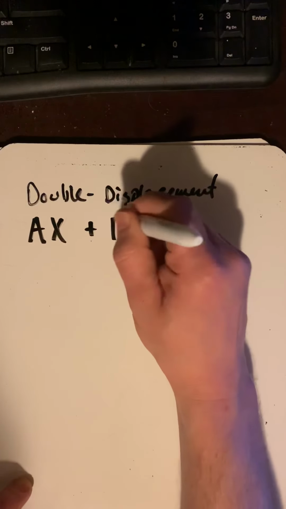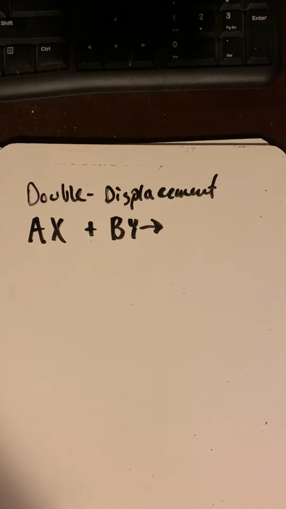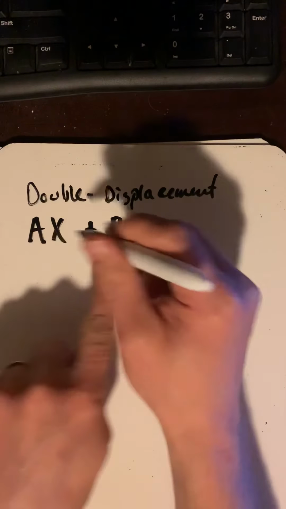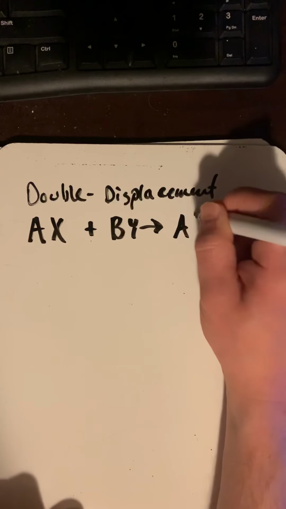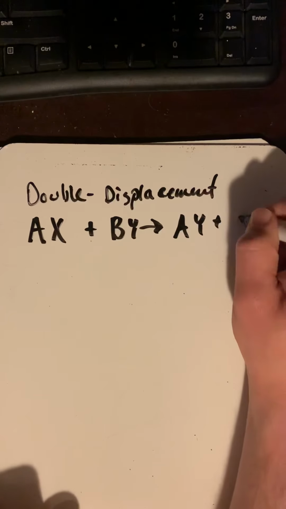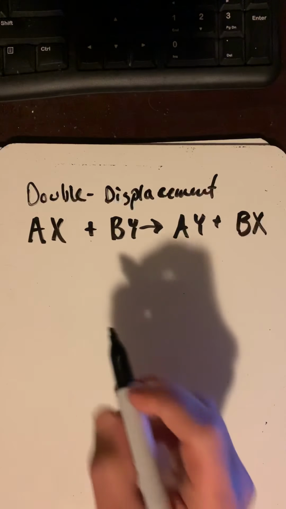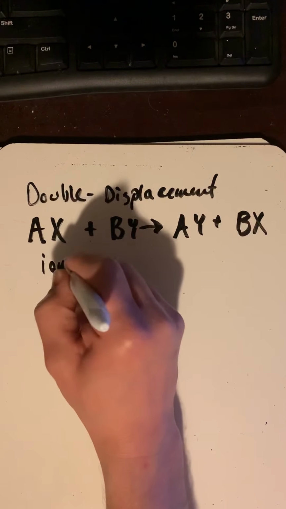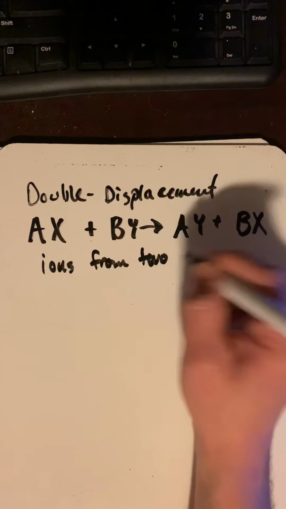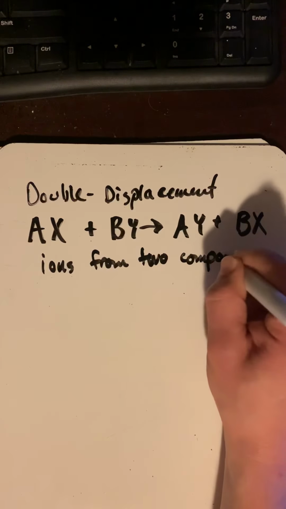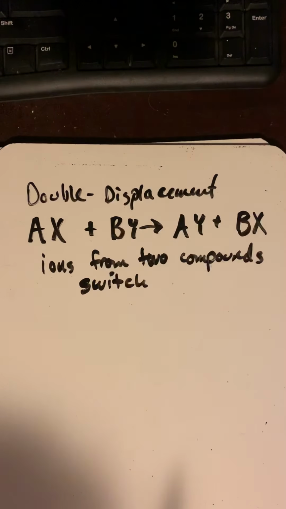This is a different compound. Okay, as a result of this reaction, these elements are going to switch. So we have A goes with Y and B goes with X. Okay, so in double displacement, you have ions from two compounds that are going to switch with each other.